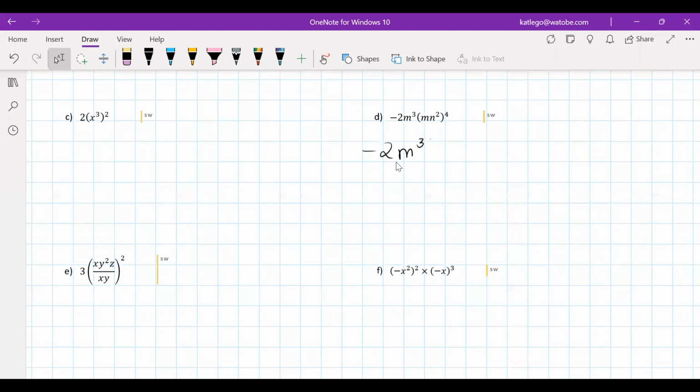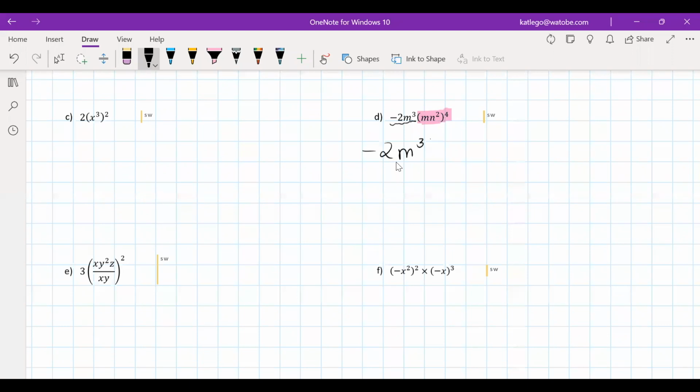Remember, this 4 is only next to the bracket. You see why we did this one? So this negative 2m cubed doesn't get affected by the 4. You just leave it on the side there until you deal with it again.